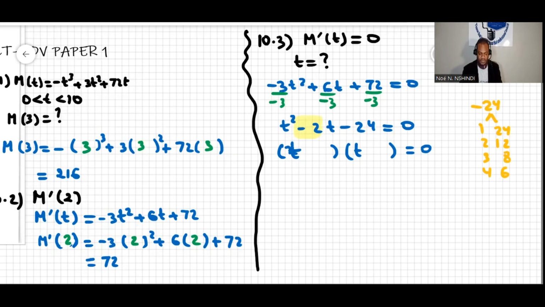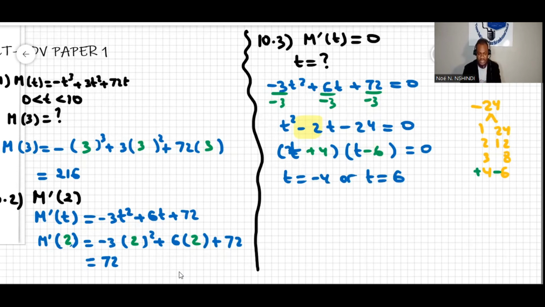This will be plus 4 and negative 6. So plus 4 here and negative 6 there, and that makes t equal to negative 4 or t equal to 6. So after 6 hours, it will reach the maximum.